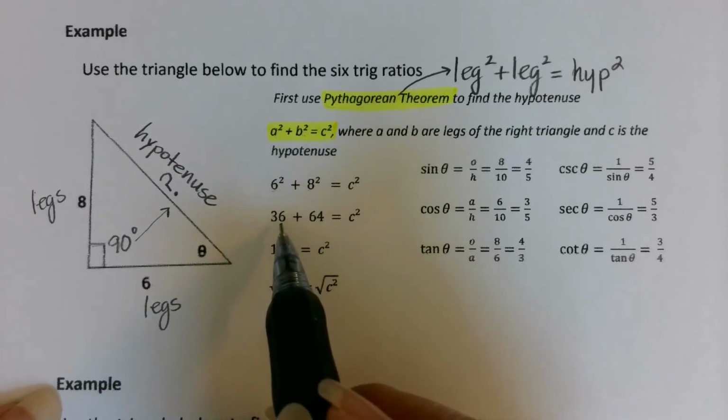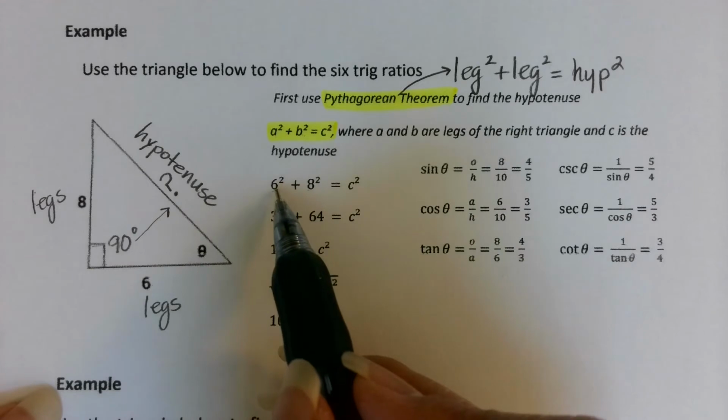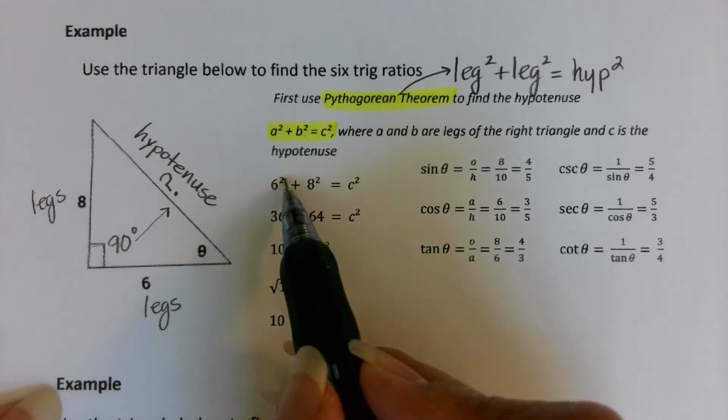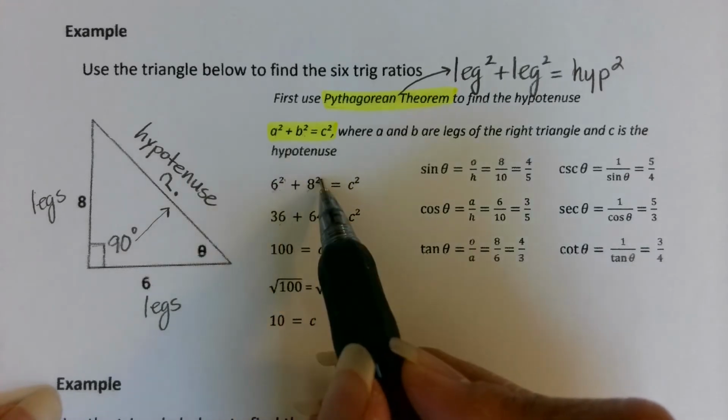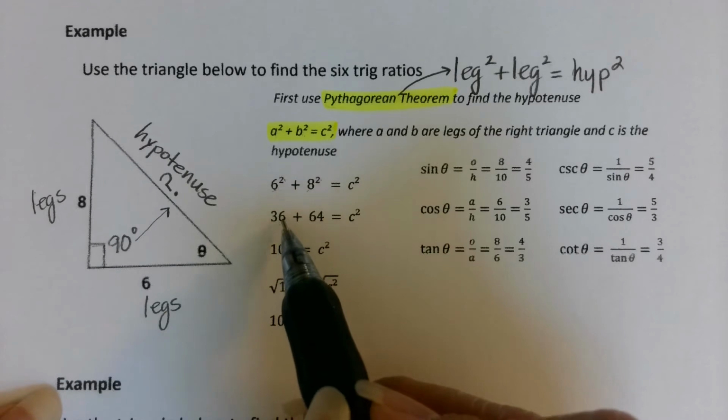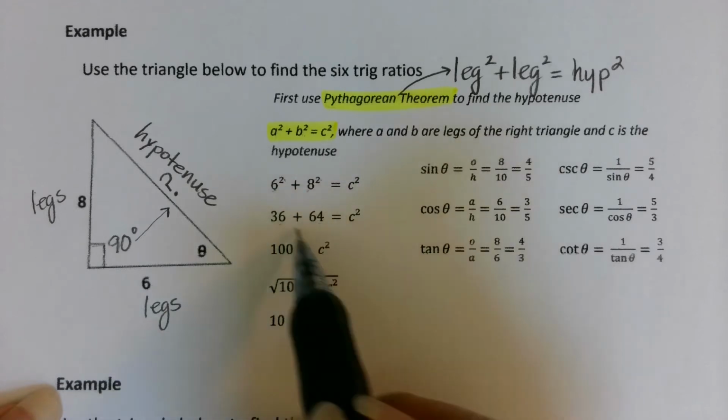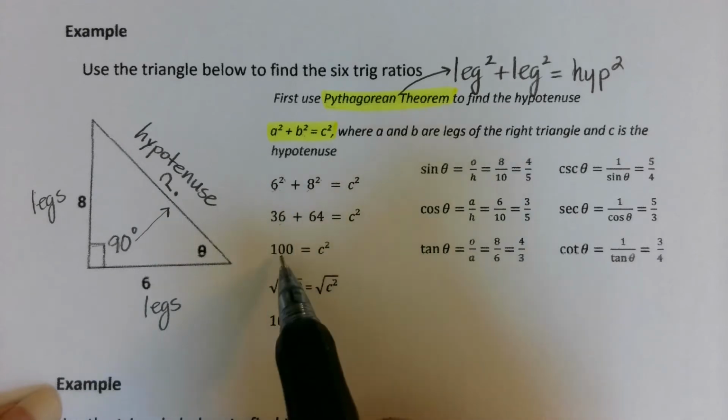I want you to slow down when you guys are simplifying. A most common mistake is students doing this, 6 squared, writing 12. They multiply 6 times 2, or they multiply 8 times 2. Squared means multiply it by itself. So 6 times 6, 8 times 8. We combine the like terms to get 100.